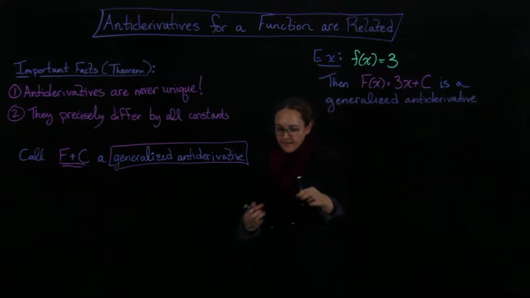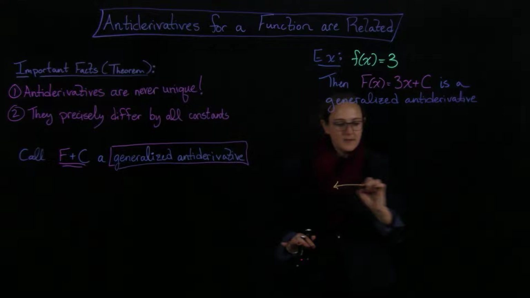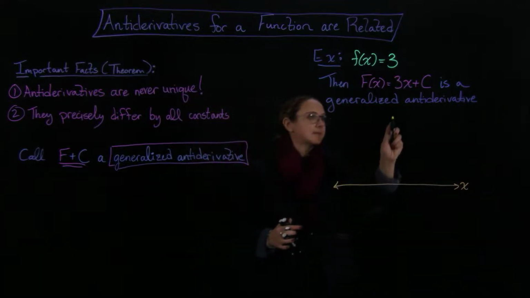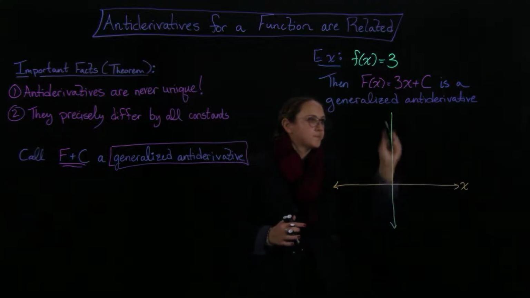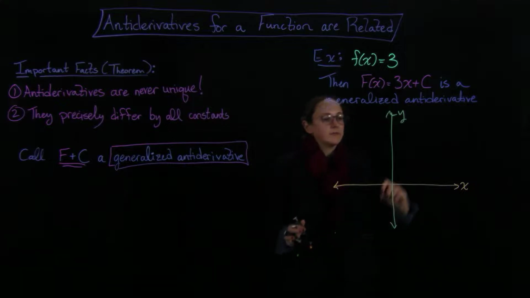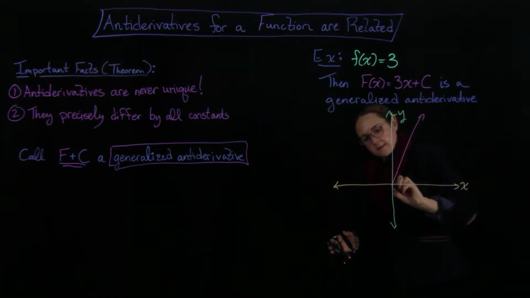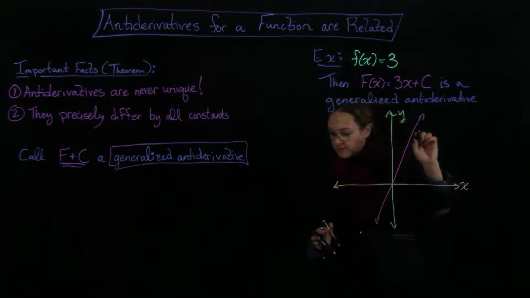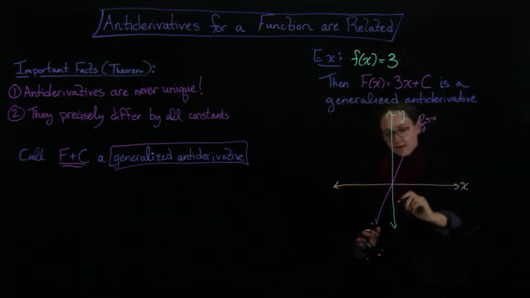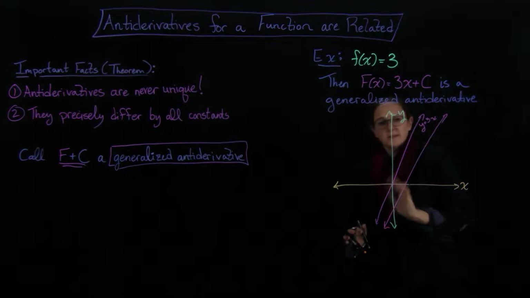And what does the picture look like? I have my x-axis and my y-axis. One of those would be the one that goes right through the origin, like this. So this is y equals 3x. But here's another one. If I add a constant, these are supposed to be parallel.